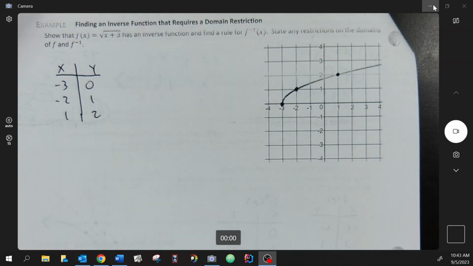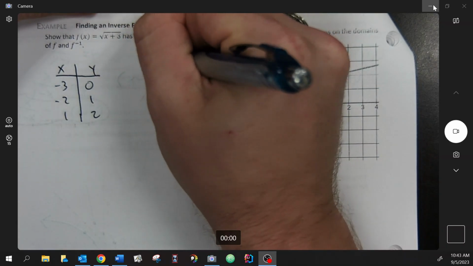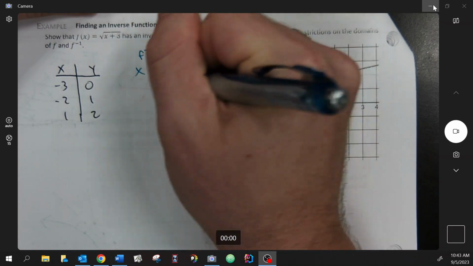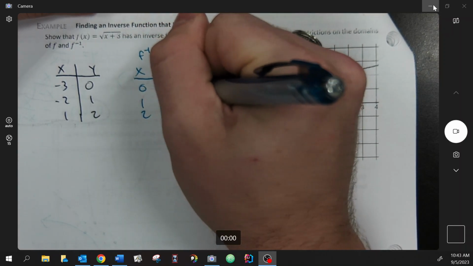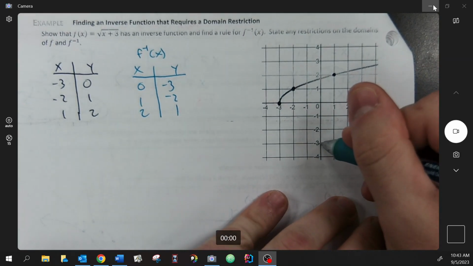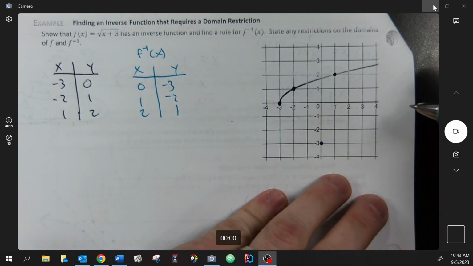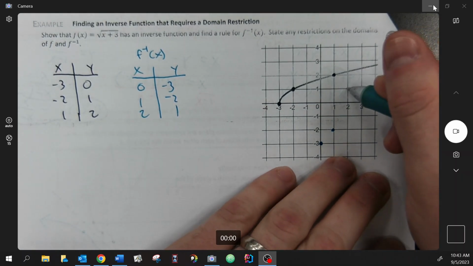So if I want my f inverse point table, I switch x and y: 0 comma negative 3, 1 comma negative 2, and 2 comma 1.